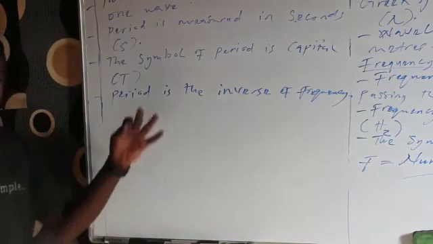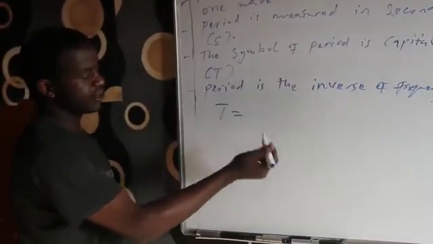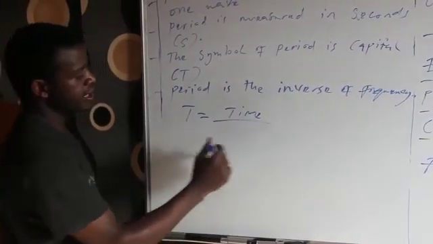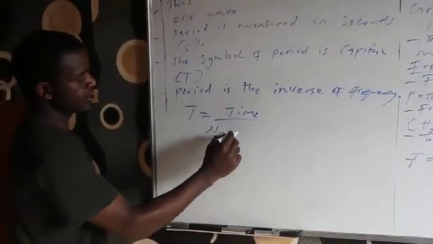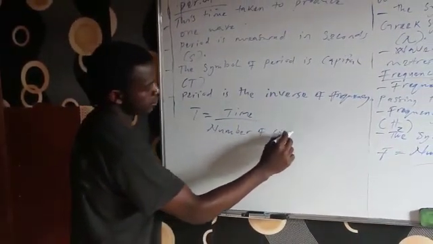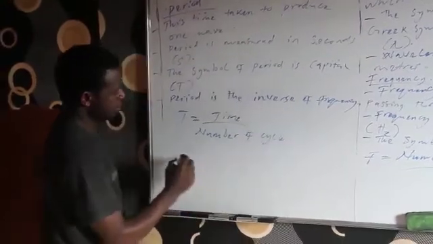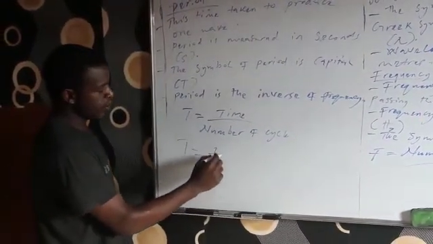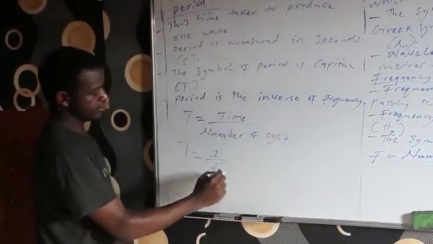So the formula that we use when calculating period, we say capital letter T is equal to time divided by number of cycles. So we can also say T is equal to 1 divided by F.